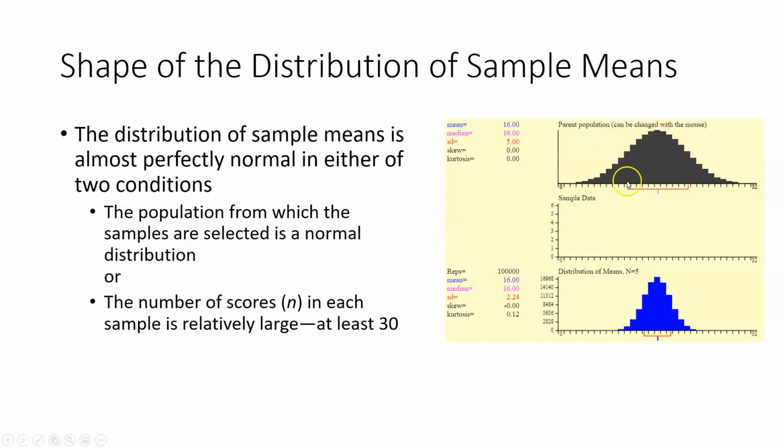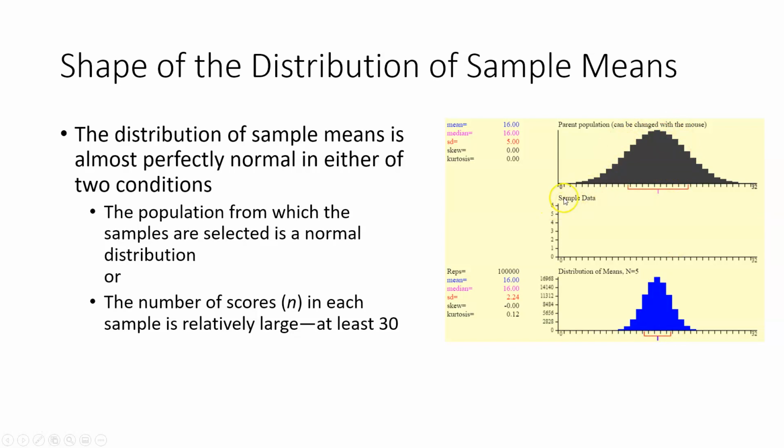So, if the parent population is normal, then the sample distribution will be normal too, no matter the sample size. Whether it's 2 or 5 or 25 or however many are in your sample, the sampling distribution will be normally shaped if the population is normally shaped.